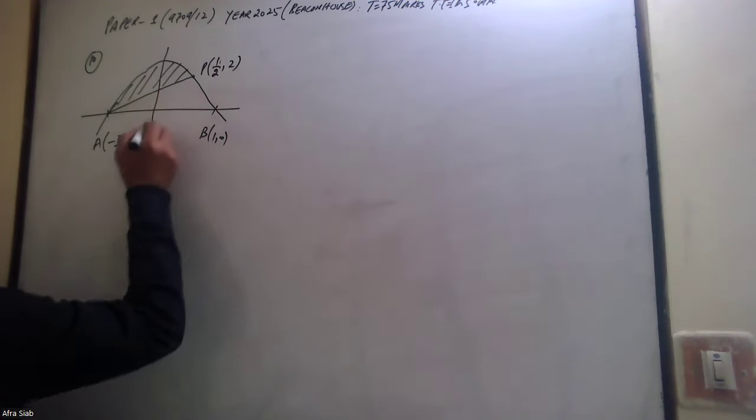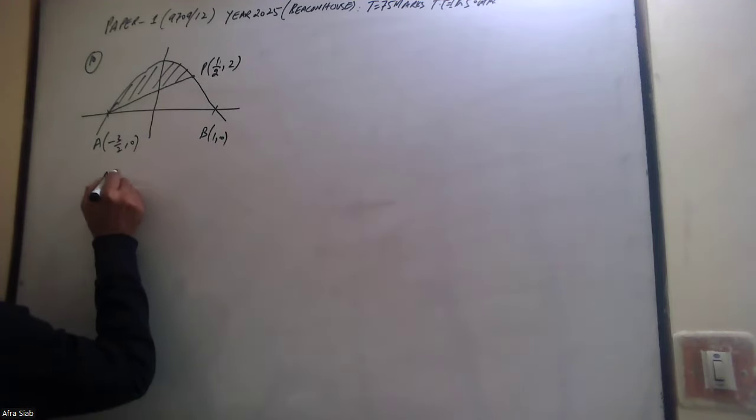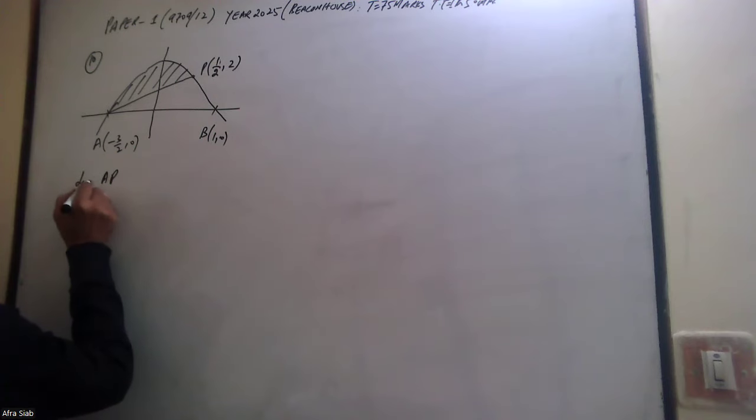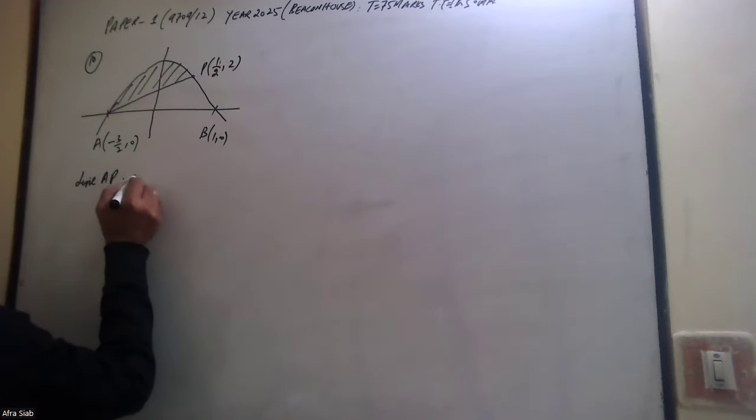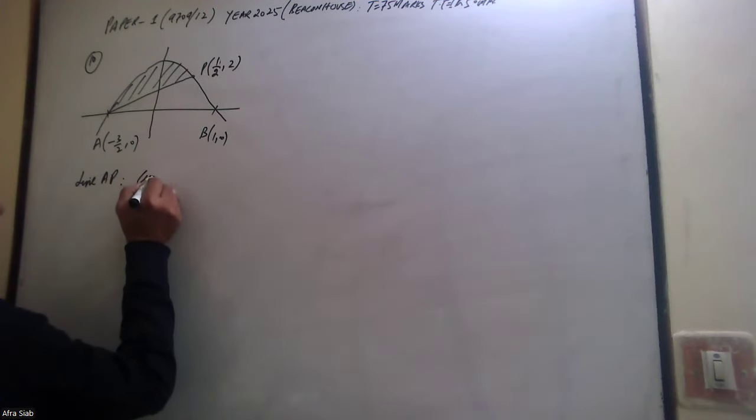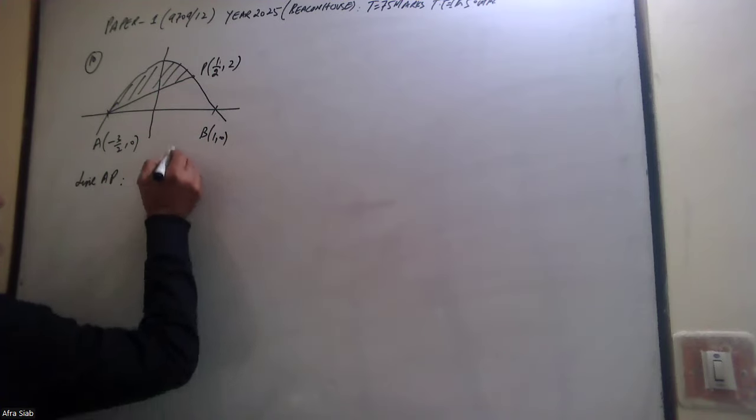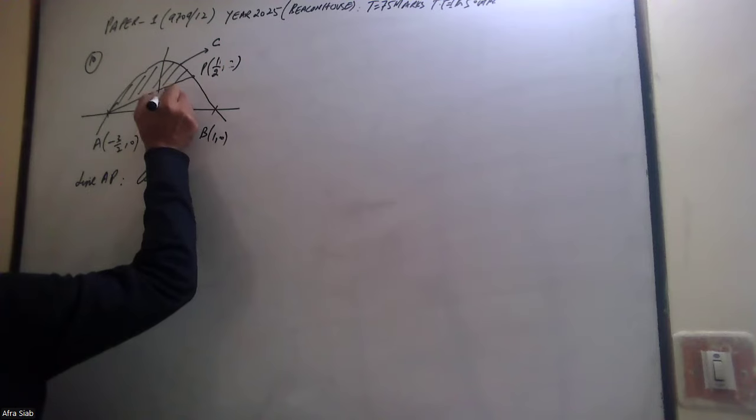So first of all, we have to find out the two equations. One is for the line AP and the other is the curve which is passing through these points.